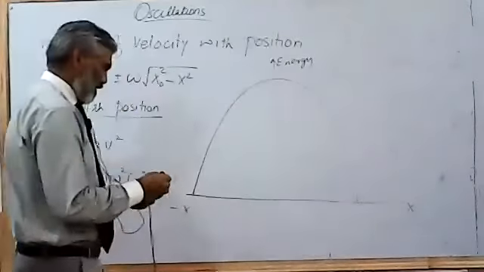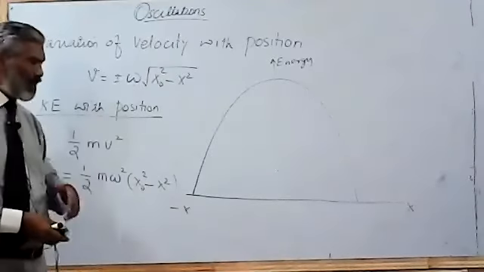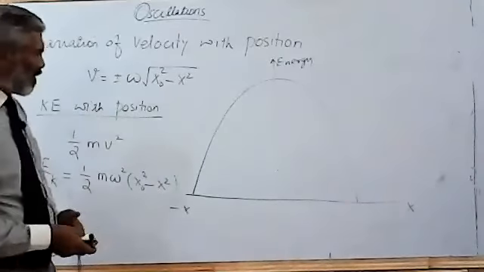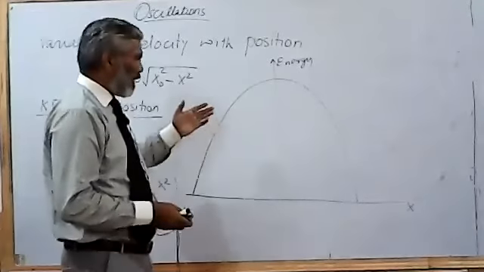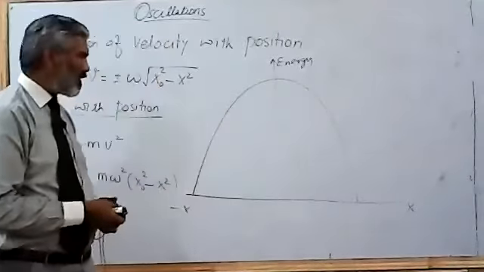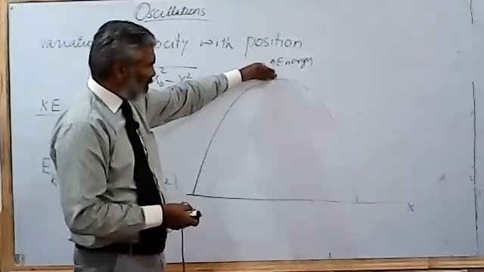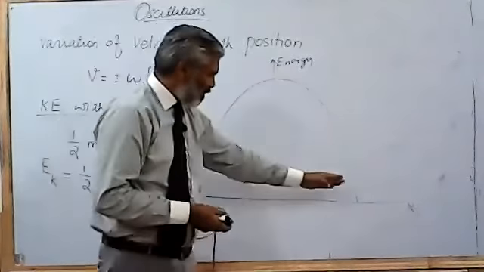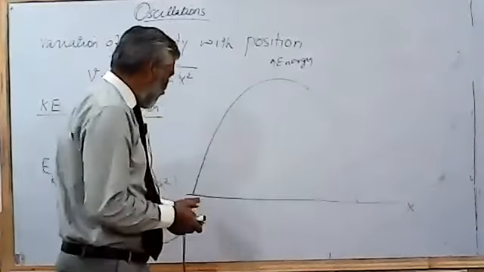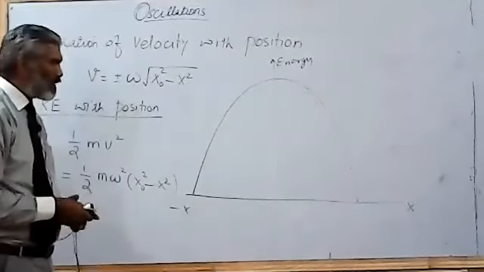And this is the graph that we'll use in the coming lessons. There are many questions in the exam in which we have to use this graph and calculate many unknown quantities with energy known, and with the help of the amplitude of the oscillation known, we can calculate so many things related to it.